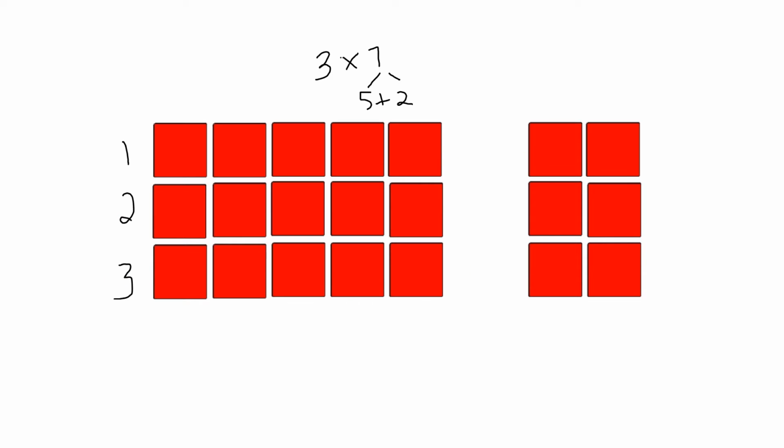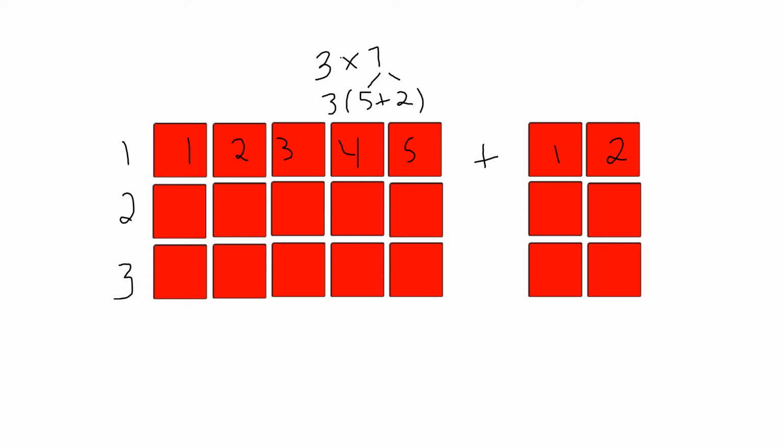But instead of having 7 altogether, we now have 3 rows of 1, 2, 3, 4, 5. So there's our 3 times 5, plus 3 times 2. We still have 7 all the way across. So we still have this 1, 2, 3, 4, 5, 6, 7 all the way across.